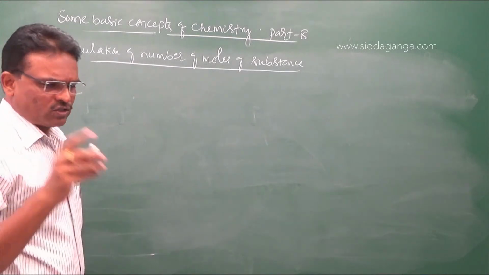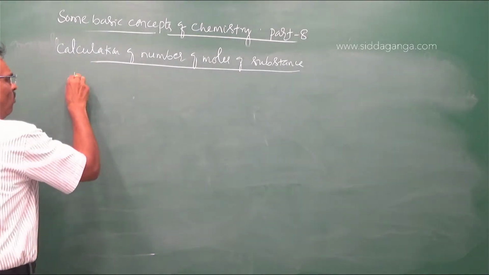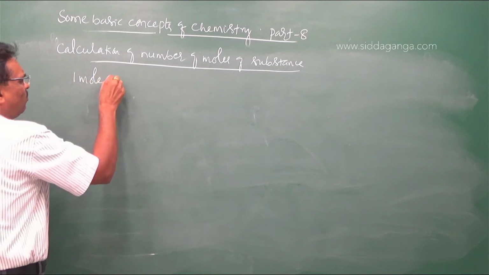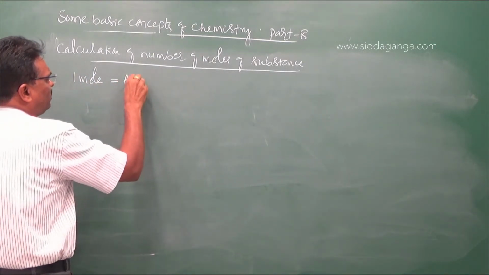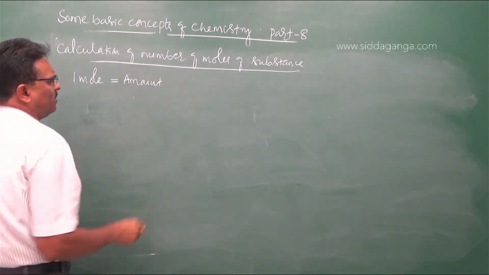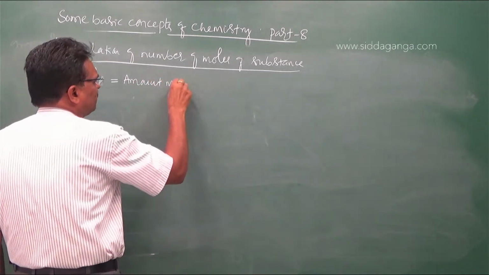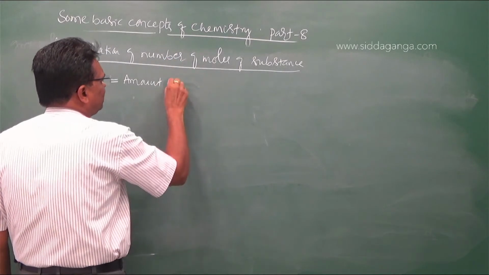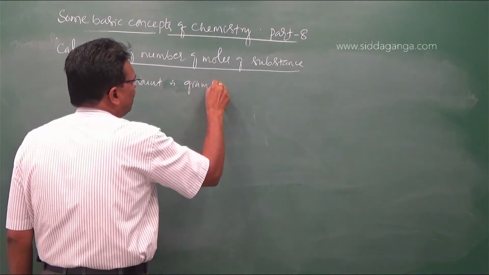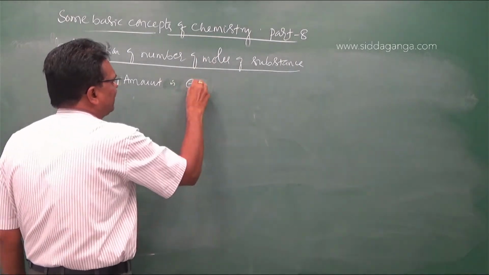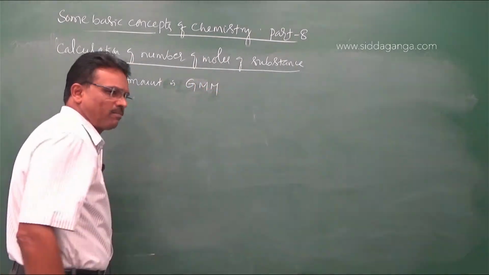So we know that 1 mole is an amount. That amount is the gram molecular mass.